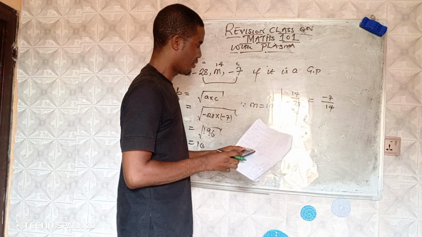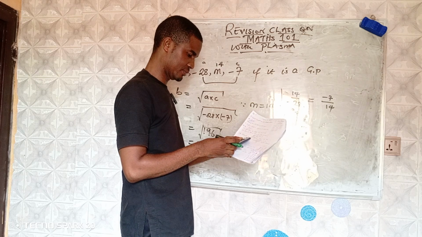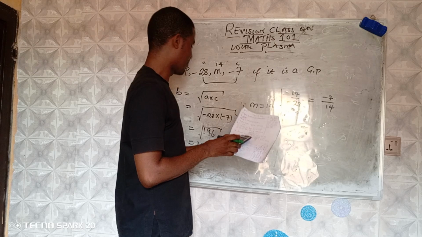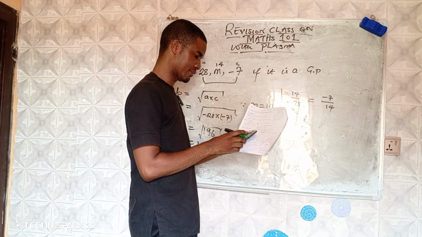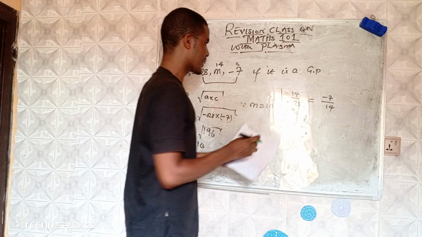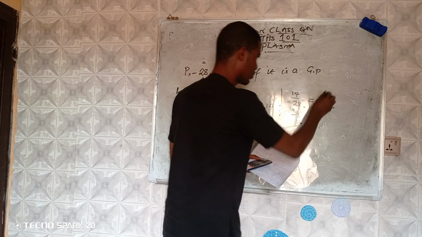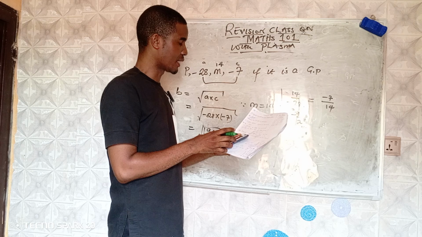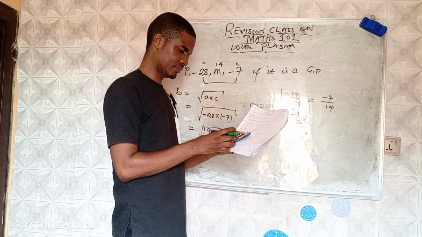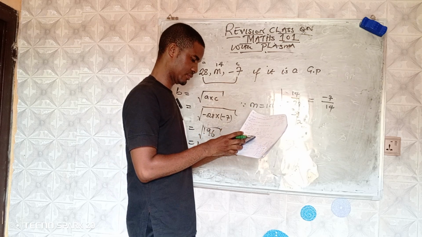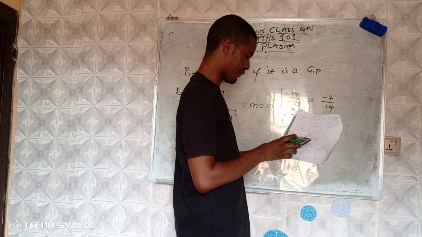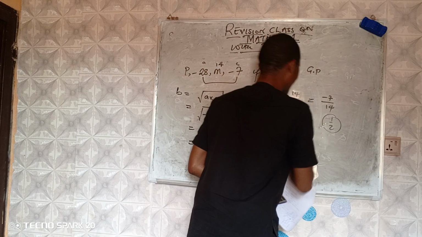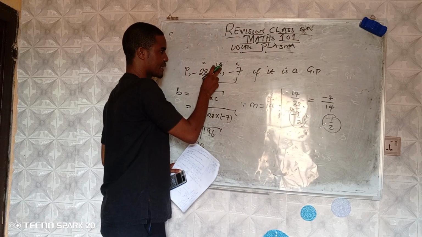Let's check that. 14 divided by minus 28 will give me minus 1 over 2. What of minus 7 divided by 14? It will also give me minus 1 over 2. You see that they are the same. So that means this 14 is correct.